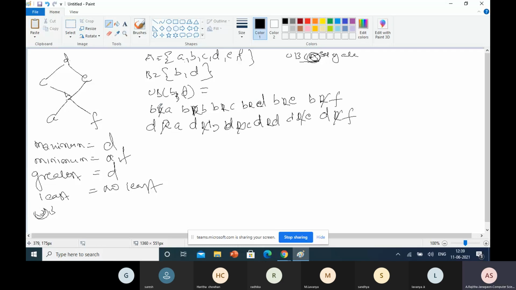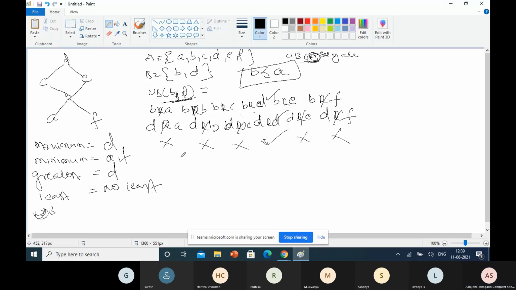So these are wrong, this is nothing. When finding the upper bound, what should the relation be? B less than or equal to A. Now we are taking only column-wise, so this one and this one, both of these two.